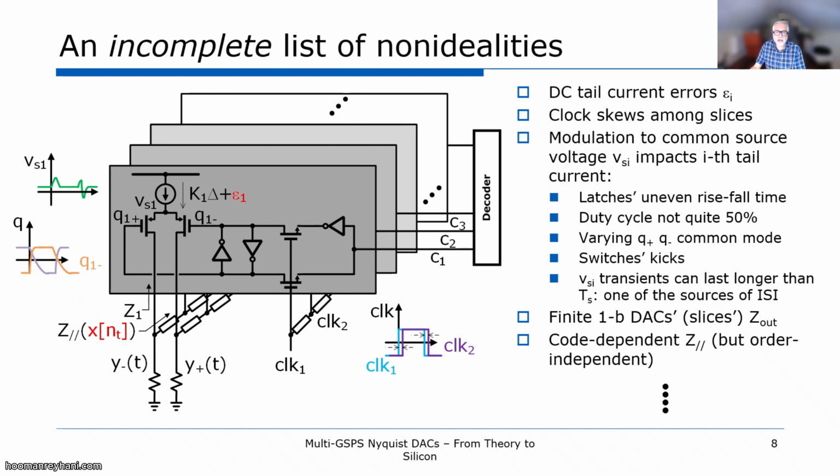And we will see how each of these effects impact the noise and linearity performance of DACs, leading to harmonics, tones, spectral artifacts, colored noise, etc. Understanding where these errors come from, how they manifest themselves, and having suitable models for them is a solid starting point to develop techniques or circuits that can mitigate them. That leads us to the other important topic of mitigation, calibration, and cancellation circuits and techniques.